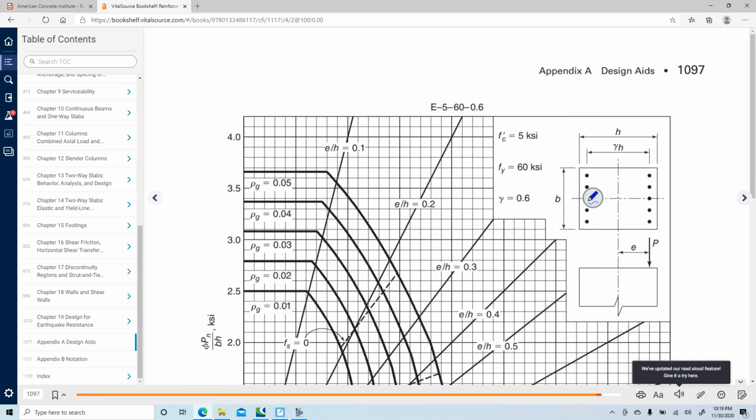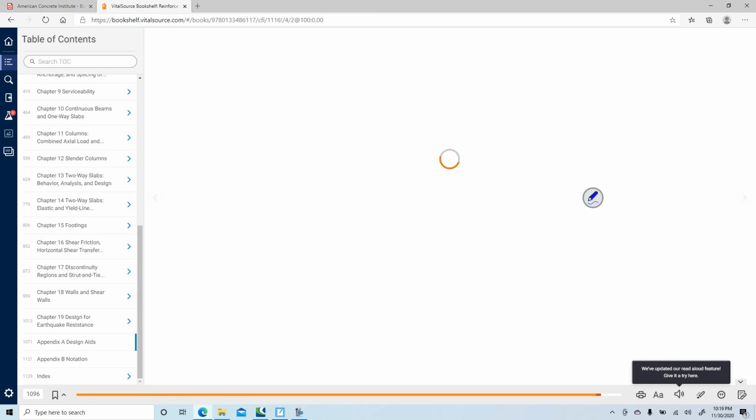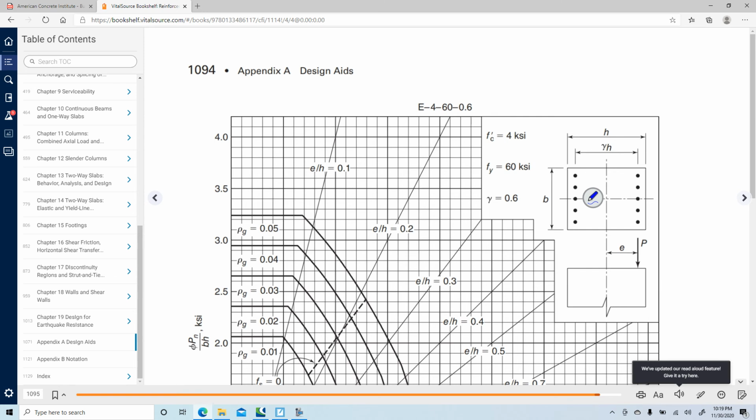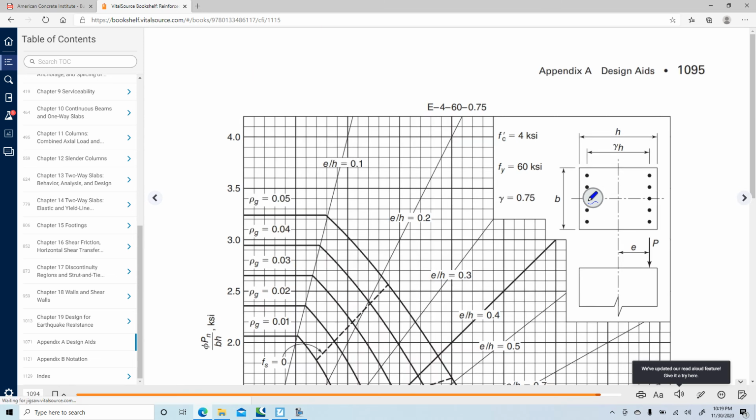Then I go to 0.9, and then I start to change my f'c. So I'm going to have to interpolate my answer. I have 0.6 and I have 0.75, so we're going to have to use both of these design charts.